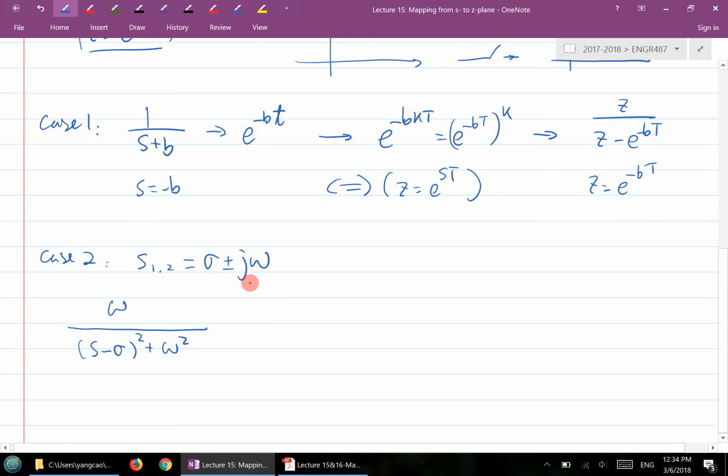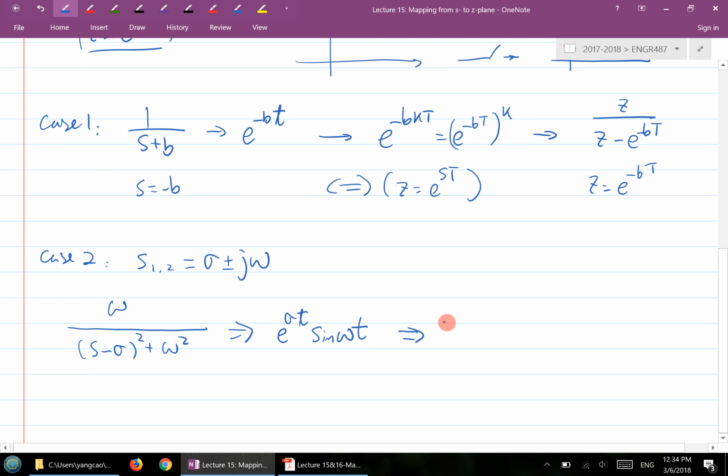If you look at the Z table, you'll find the inverse Laplace transform is e to the power sigma t times sine omega t. That's essentially a sinusoidal curve superimposed by an envelope, which is e to the power of sigma t.